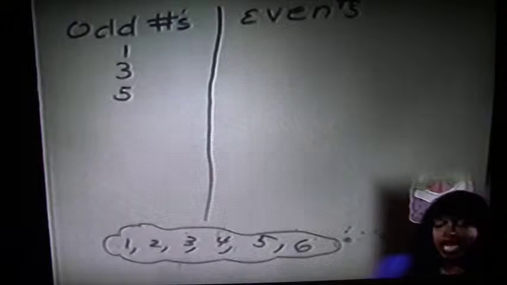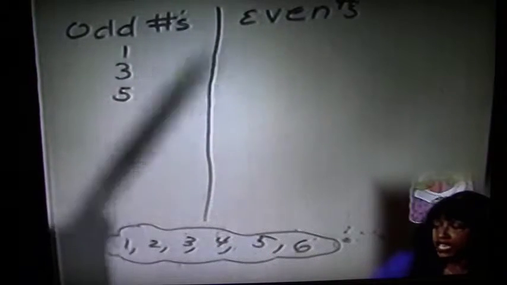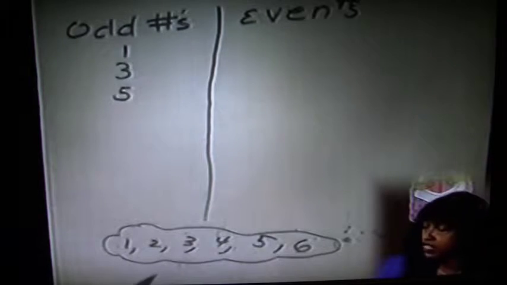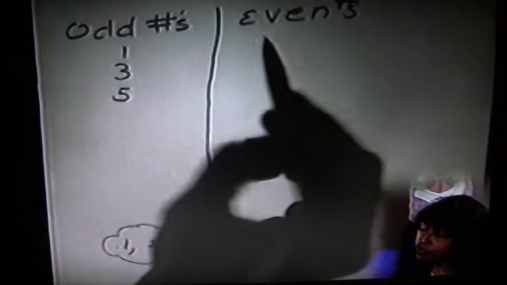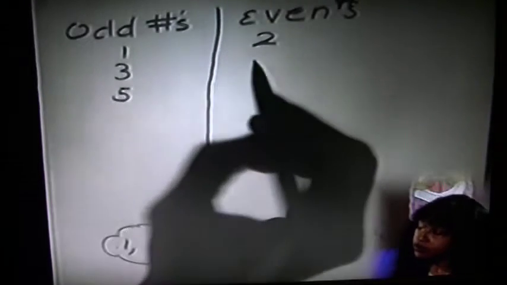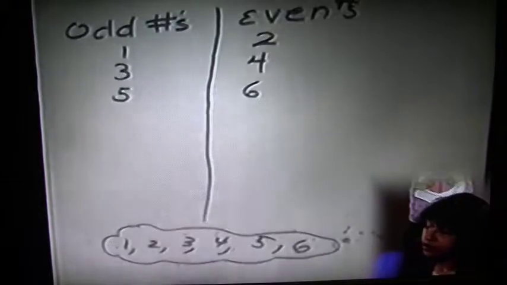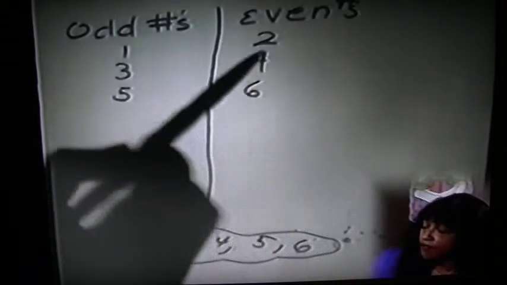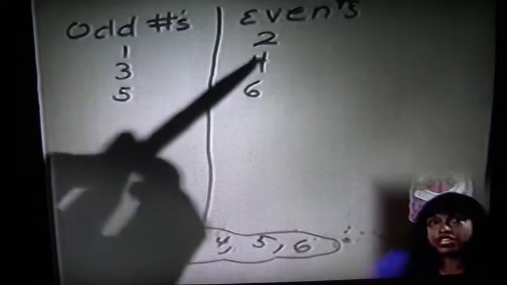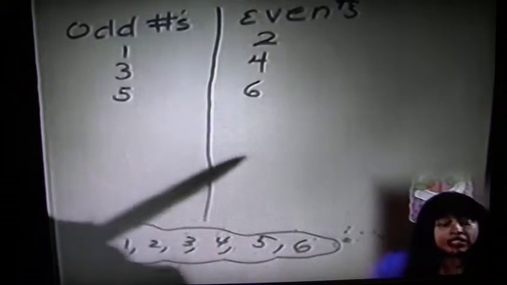Now, we ask the question, how many even numbers would we get? Well, let's list our even numbers. We have 2. We have 4. We have 6. Well, we have 3 different numbers here. We have 3 digits here.